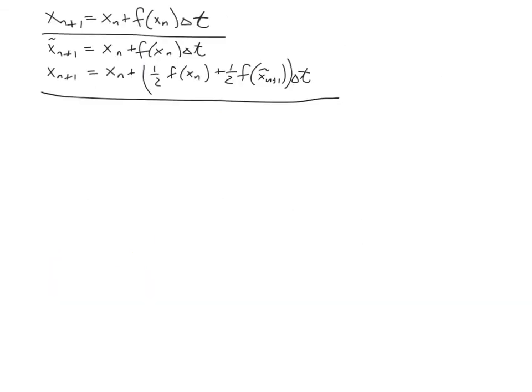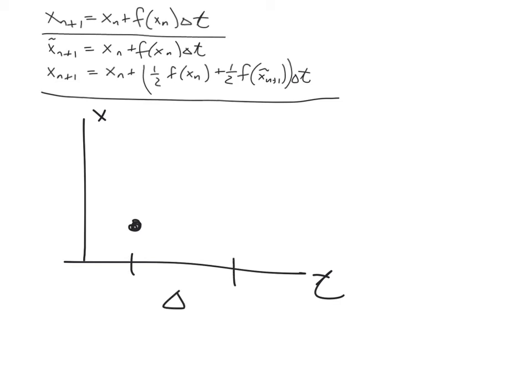We can take these methods even further. Like, okay, here's an example. Time x. We start at a point, and let's say we want to traverse this distance as delta t. Well, let's use our initial slope to go halfway and learn the slope at this new point.